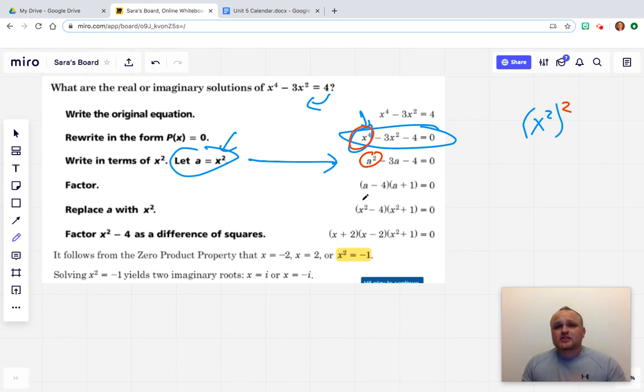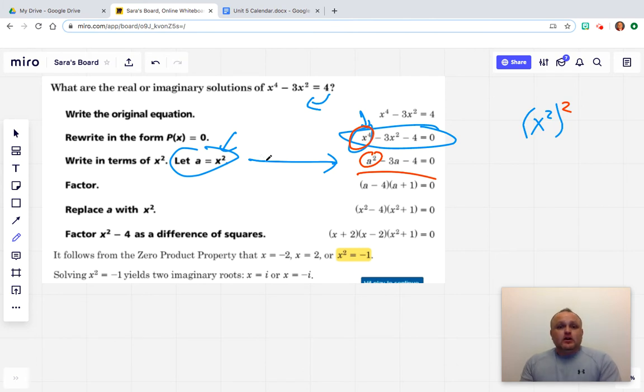It's like they're substituting it, changing the variable just so that it's easier to factor, because people can see a squared and think it's x squared. It's easy to factor. But if you see x to the fourth, people freak out a little bit, okay?